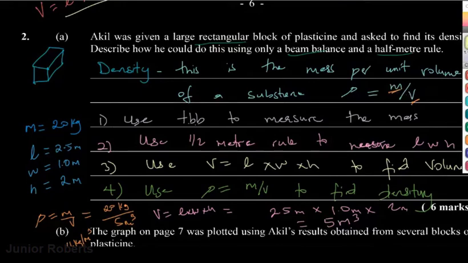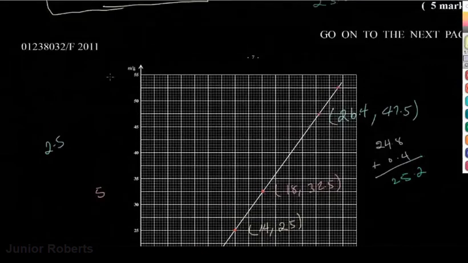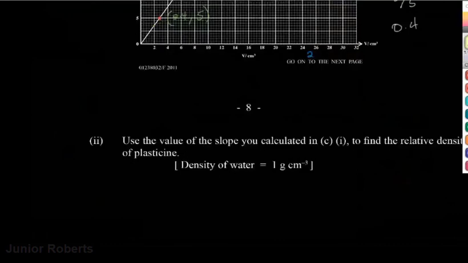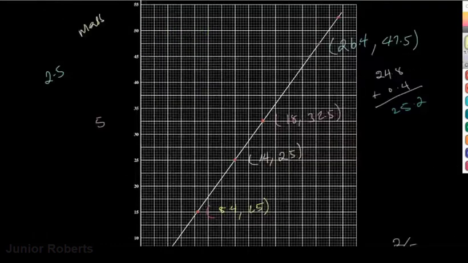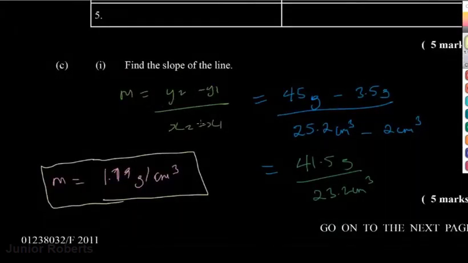Now, if we look at our graph, we have mass on the y-axis and volume on the x-axis, and since our gradient is y2 minus y1 divided by x2 minus x1, that gives density. So effectively what we did was to find the gradient: we divided what was on the y-axis by what's on the x-axis. In fact, we divided mass by volume.